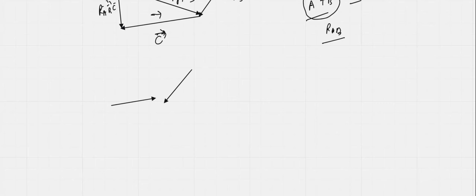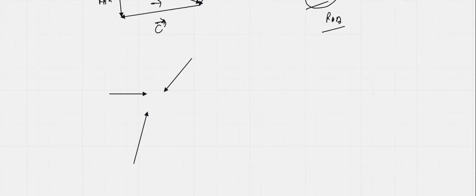Another is pointing to some point. All are pointing to a single point. Basically, if they are creating a cycle, they will be pointing to a single point in a plane. There will be a point at which all of them are going to point. So let's say this is the point I'm talking about. You can see all of them are pointing to this particular point.